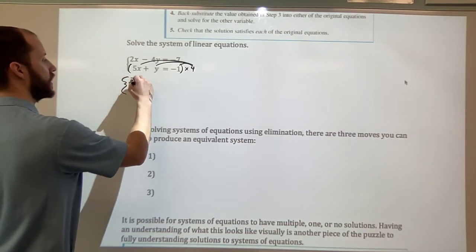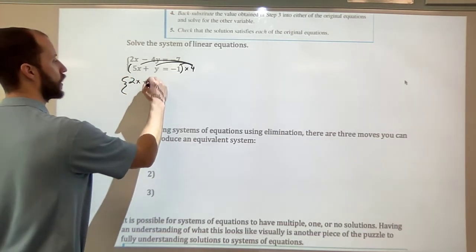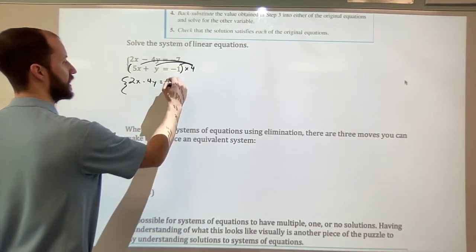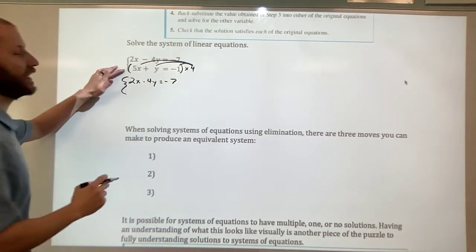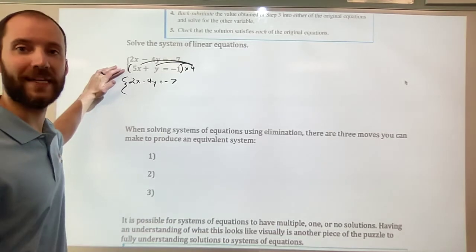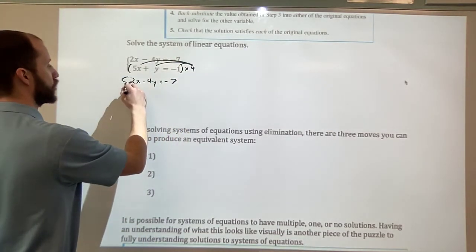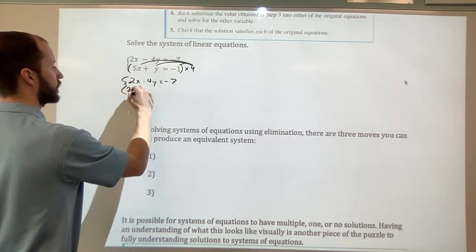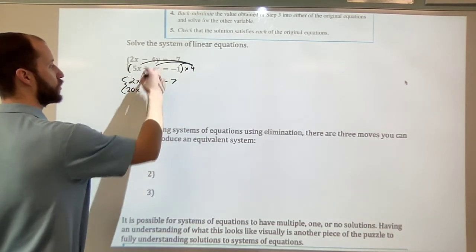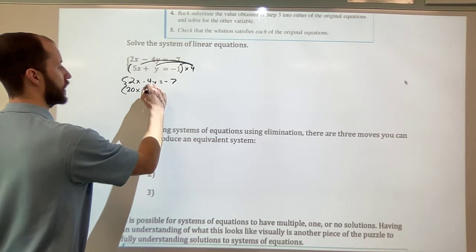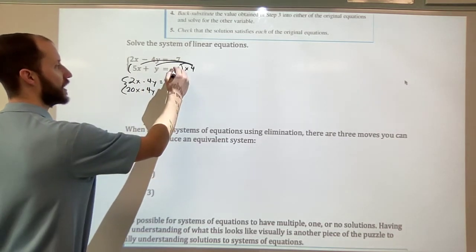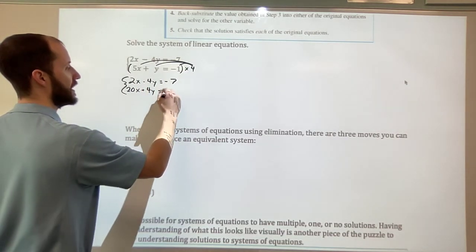So the first equation, 2x minus 4y equals negative 7. And then distribute the 4 into the second equation. So 4 times 5, 20x. 4 times 1, plus 4y. Negative 1 times 4 is negative 4.